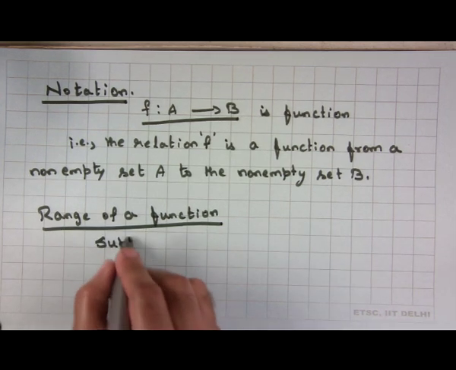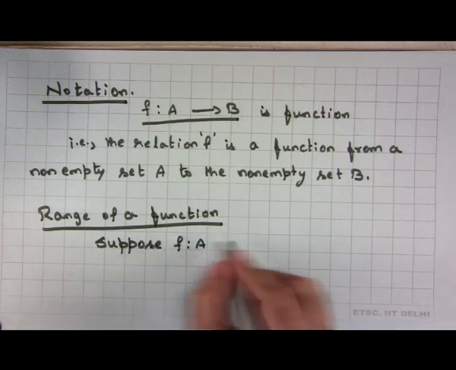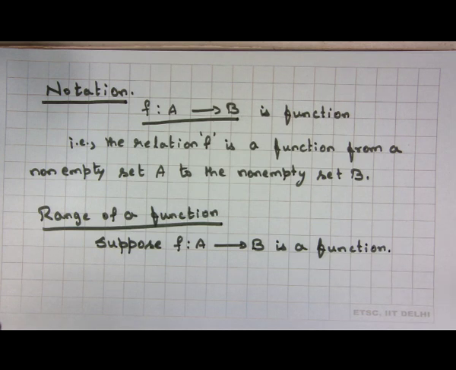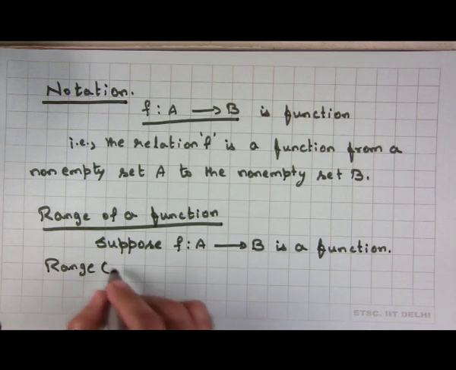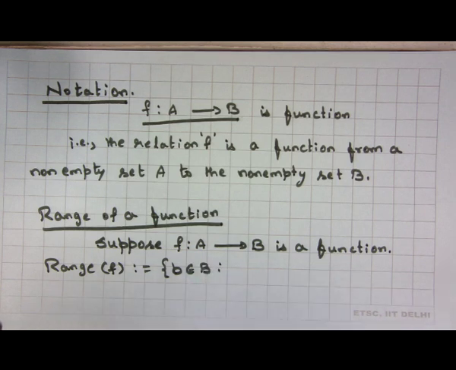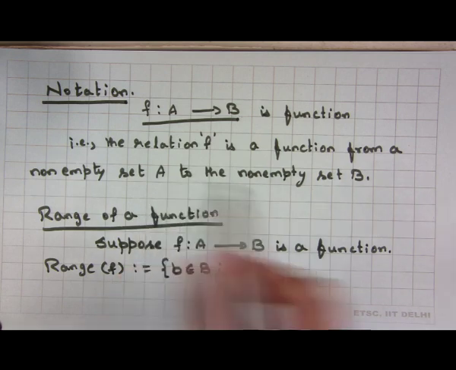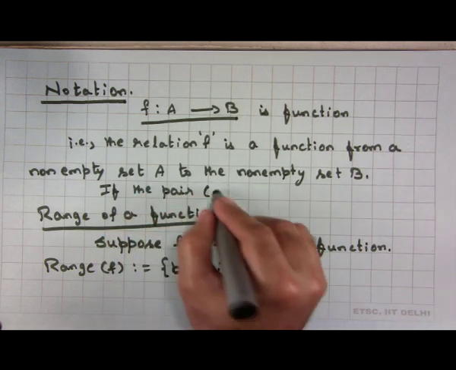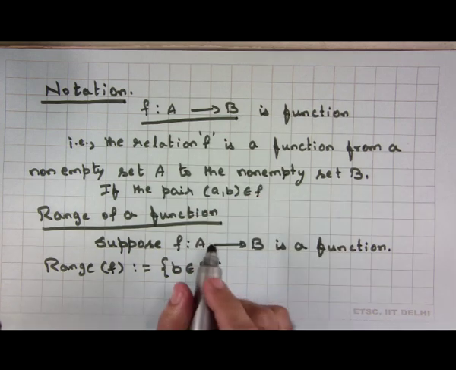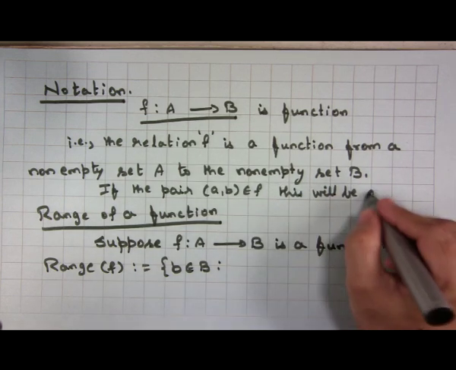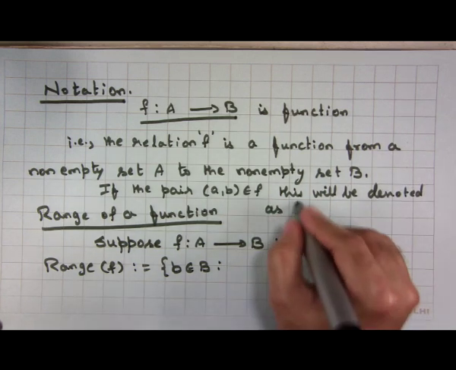Suppose f from A to B, you are given a function, then the range of f, this is the notation, is defined as all those b in capital B such that, if the pair (a, b) belongs to f, I will denote this as b equal to f of a.